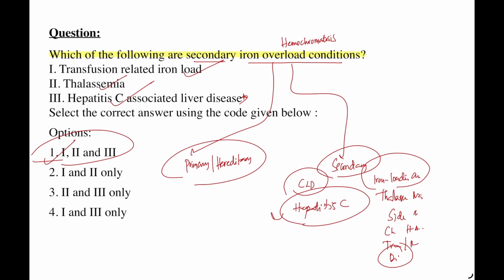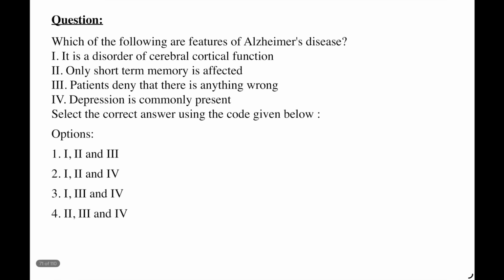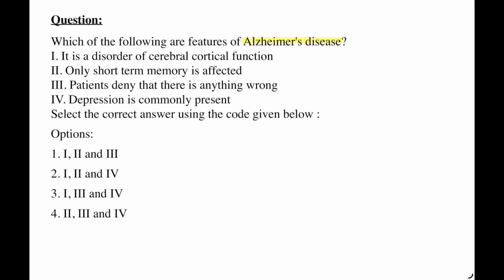Right? Now, next question is from neurology, that is Alzheimer's. Alzheimer's, we all know, loss of memory. Now, when I say loss of memory, is it recent versus remote? Is the question. See, both are lost. Both recent memory is gone, that is short term, or remote or long term.